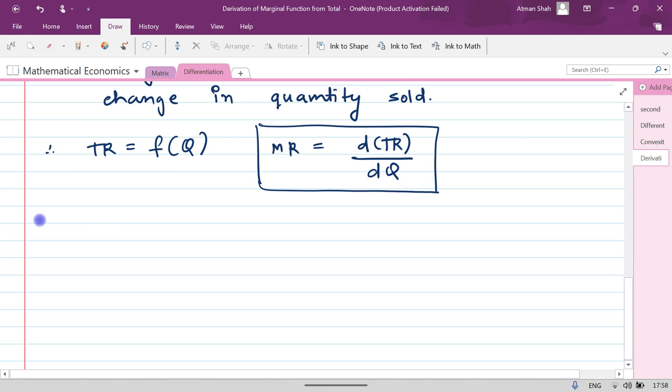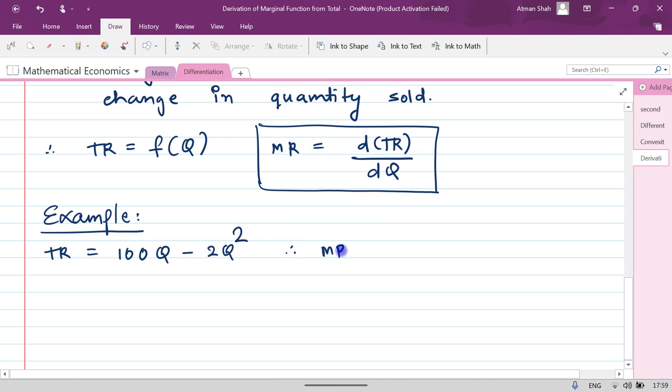Let's take one example. So suppose our total revenue function TR is 100Q minus 2Q square. So therefore marginal revenue is equal to dTR by dQ, which is equal to 100 minus 4Q.